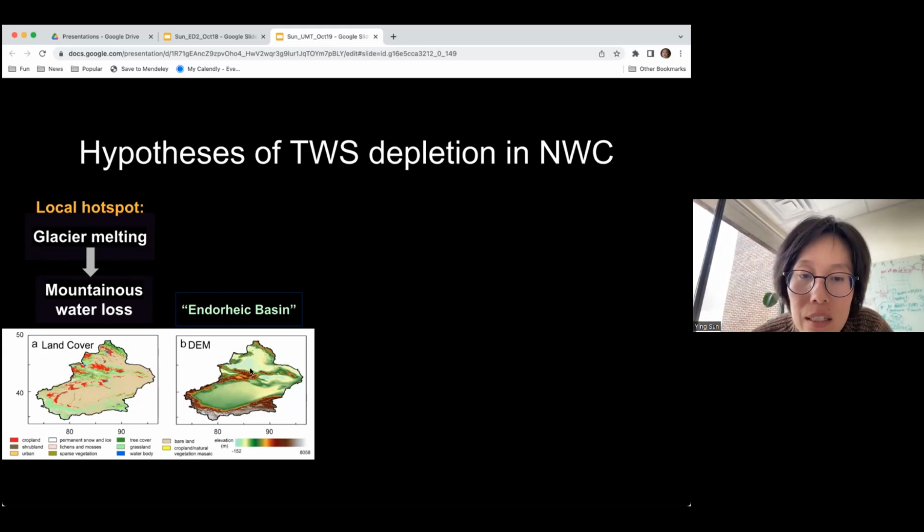The thing is that in this region, the melted water can't really flow out of this basin. It can only flow to the lowland, exactly because this basin is an endorheic basin. That's why the water can't flow far away.